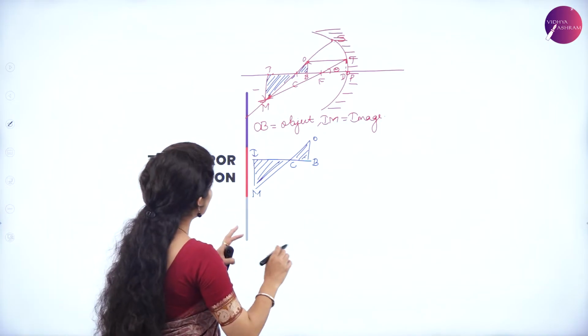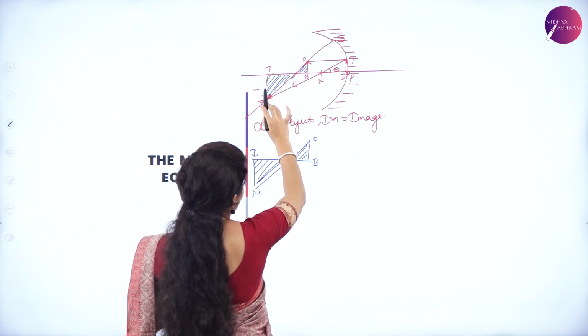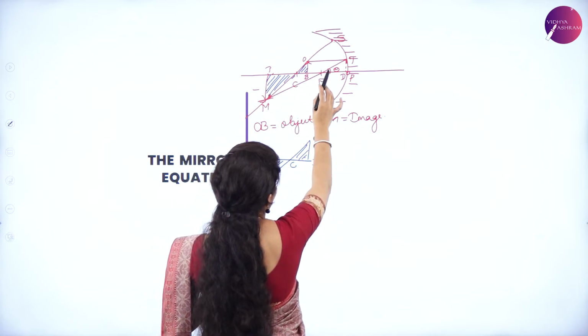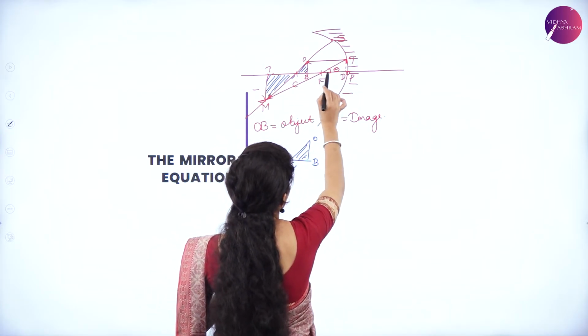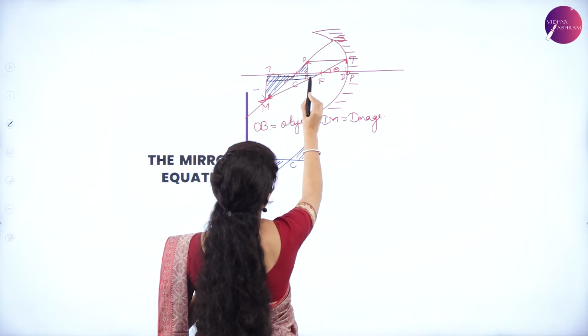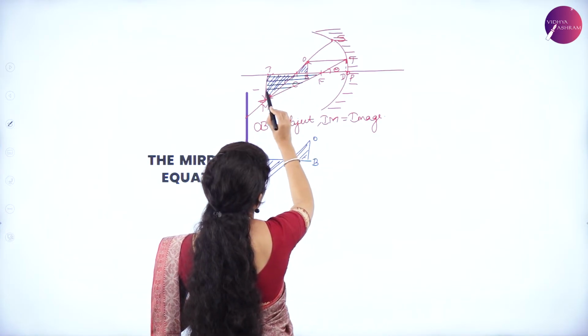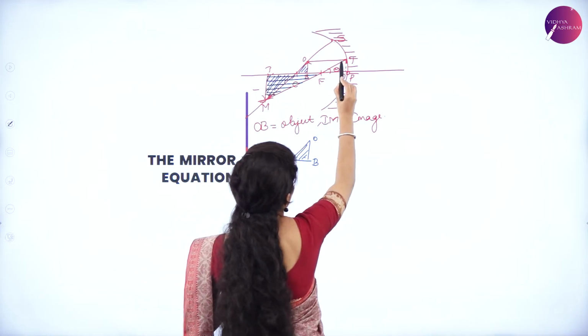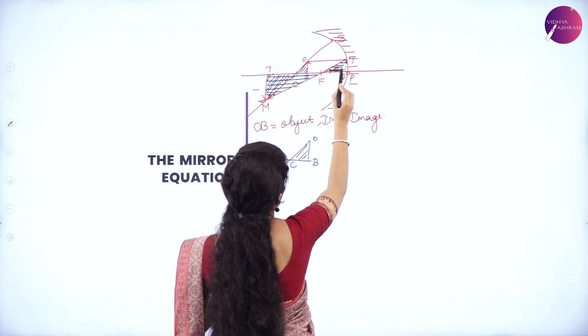Next will be our MIF and TDF. So this set of triangles is completely taken.